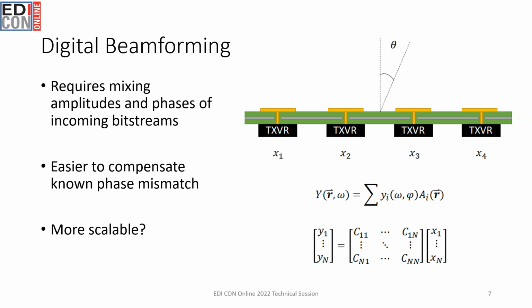There is a newer chipset by one semiconductor company that does do a calibration procedure and can compensate for small mismatches. But one of the moves towards digital beamforming, specifically in applications like automotive, where they want to do high antenna element count radars, is that this is more scalable. And so there's a bit of a fight here between analog beamforming and digital beamforming.